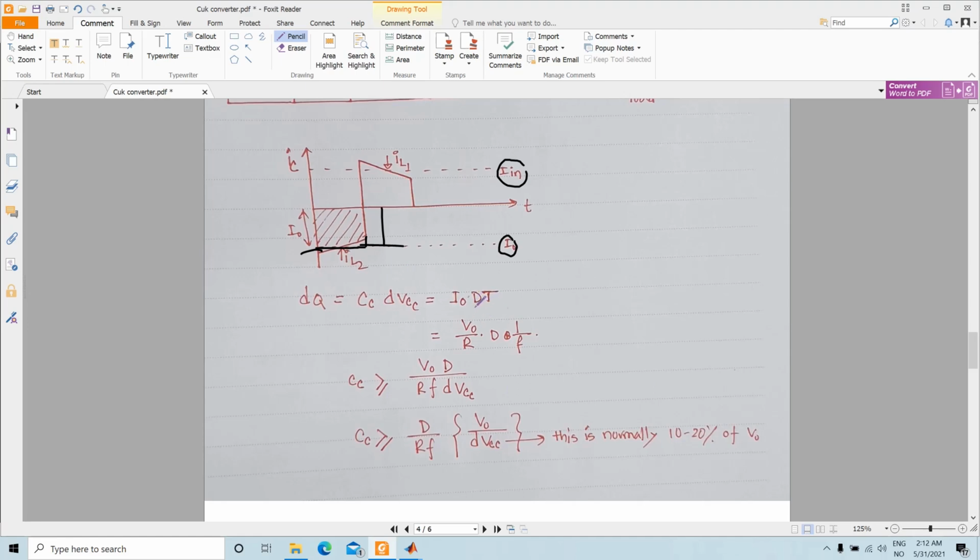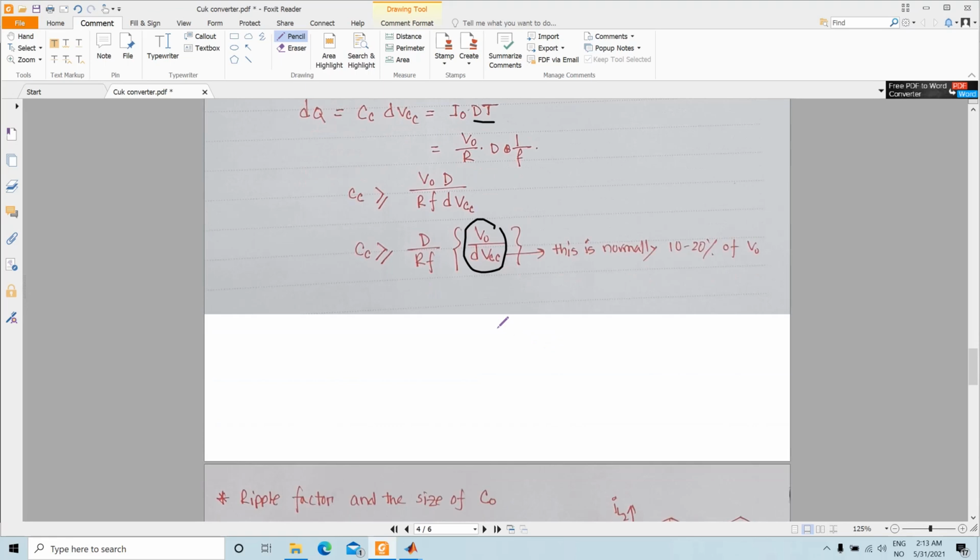The switch on time can be written as T on, which is also dT, so it's I naught dT, which can be written as V out divided by R, times D, multiplied by 1 over F, replacing T with 1 over the switching frequency. So this coupling capacitor C should be higher than this value, V out divided by dVc, which is the inverse of the ripple factor. Typically this ripple content is around 10 to 20% of the output voltage.